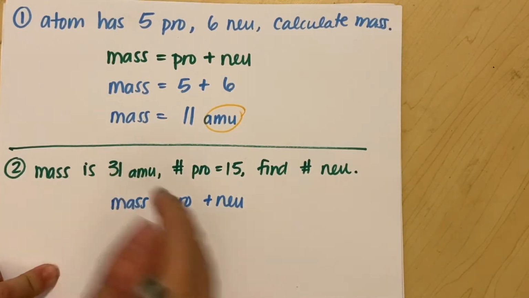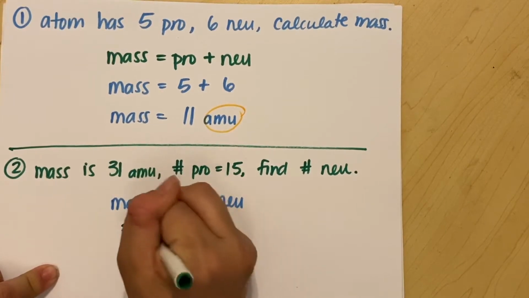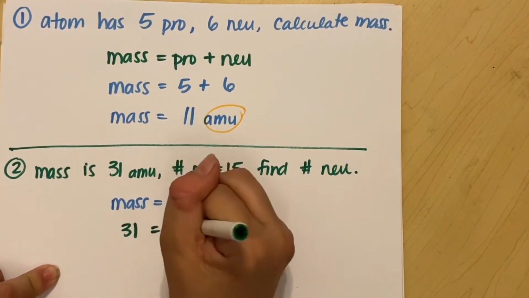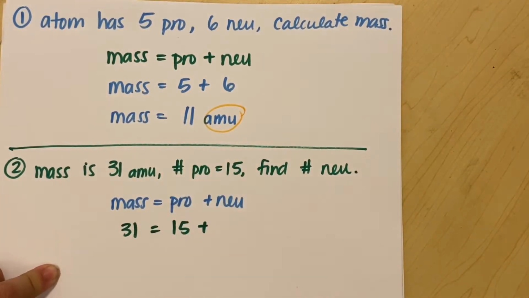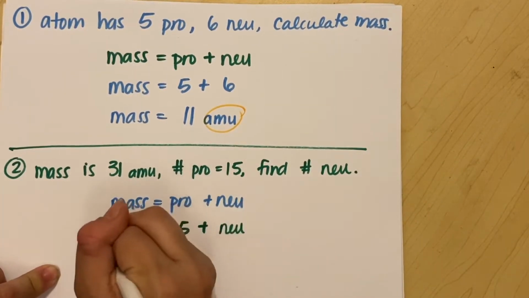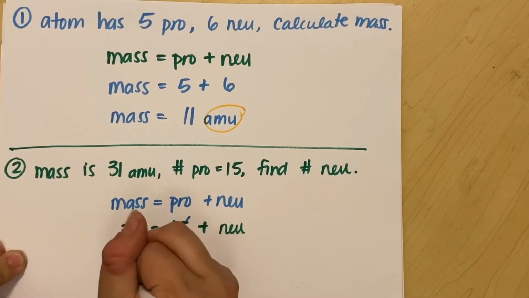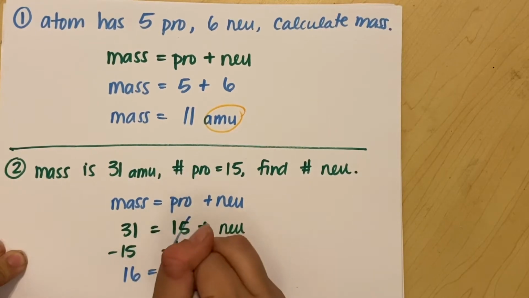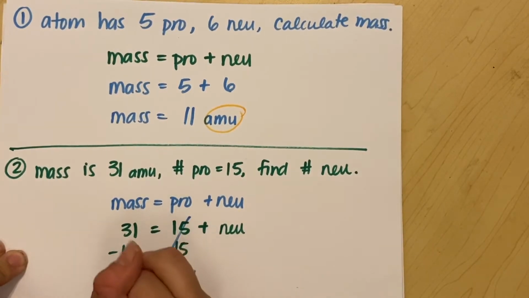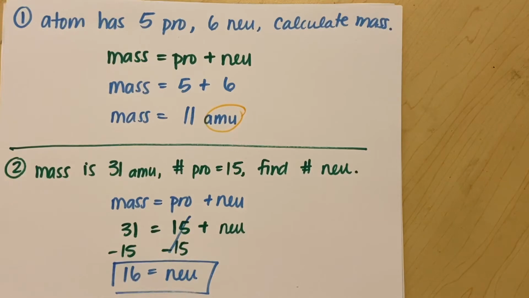You're given the mass, so you have 31 equals 15 protons plus however many neutrons you have. Minus 15 from each side. That cancels out, and 31 minus 15 should be 16 neutrons. All right, these are easy.